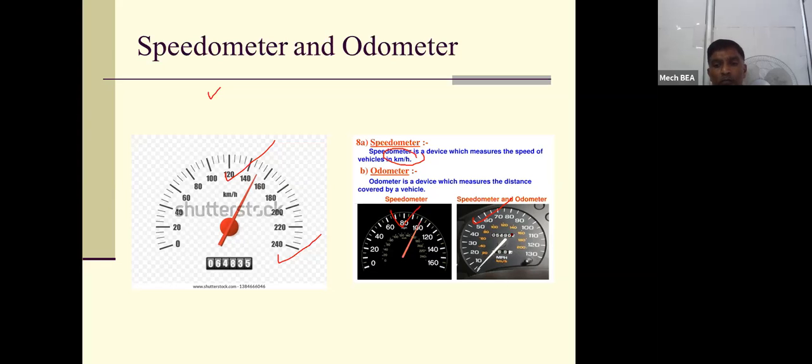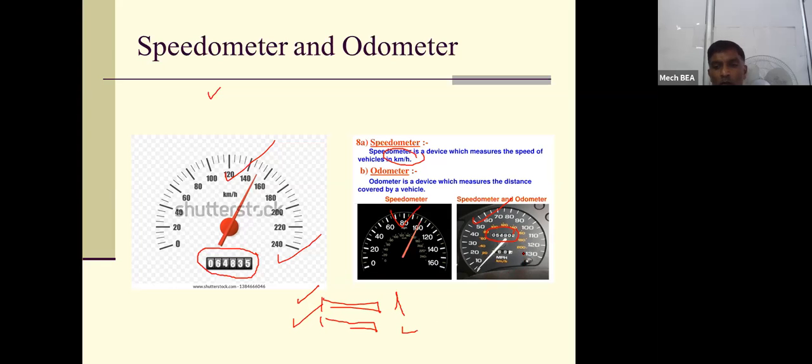So this is the distance, 64,835 kilometers. Here you can see 54,902. And now for modern cars, there is an odometer so we can have a reading per trip.